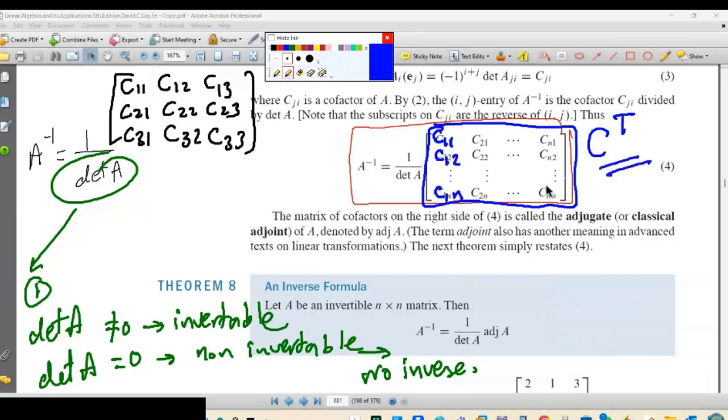So here we have to take the transpose of the matrix. This will be like this, C T. Take care, another trick. So here we have two tricks. First one, calculate the determinant and it shouldn't be 0. Second one, calculate the cofactors C11, C12, and so on. And after that, take the transpose of this.